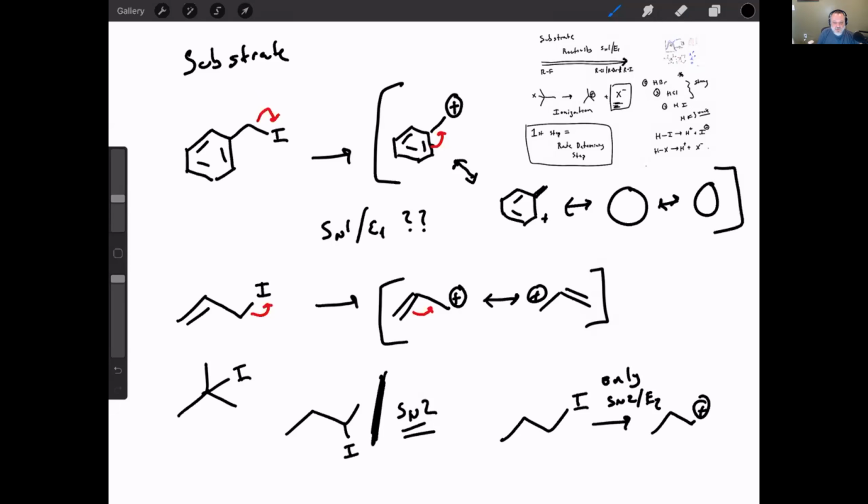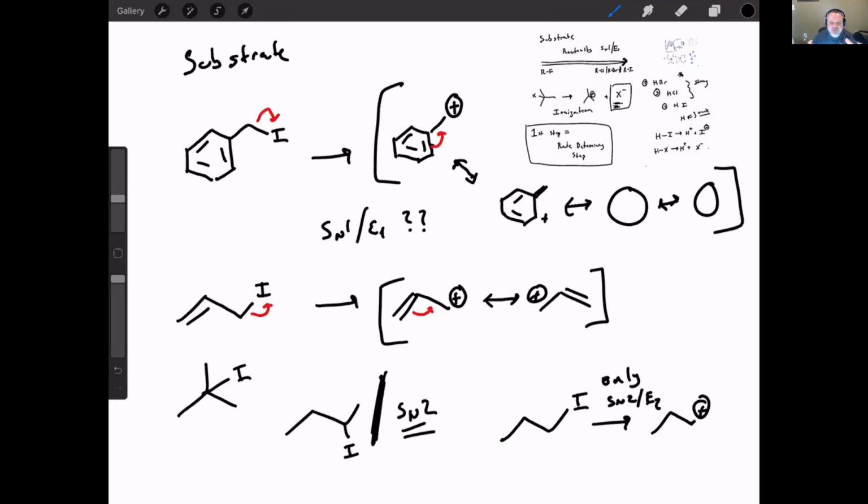And so you really do have to think about what's going on with the substrate in order to think about which one of the mechanisms apply. At the end of the day, you have to decide which mechanism is in operation. When you are asked to choose the major product of a reaction, you have to consider what's the substrate? Where is the leaving group located?